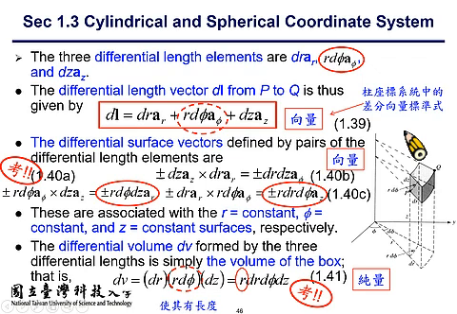I believe you still remember the definition for differential length in the rectangular coordinate system. So dl, a differential length, equals what? dx a_x plus dy a_y plus dz a_z. So they correspond to small differences in the x, y and z directions. So how about the differential length in the cylindrical coordinate system?